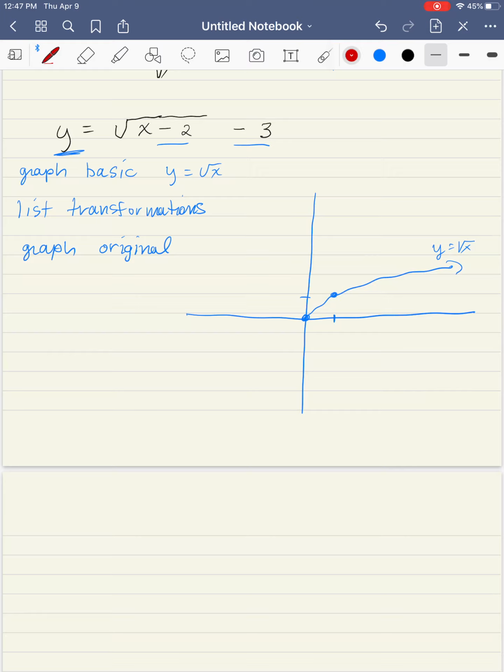Then we list our transformations. And we're going to see that the first transformation here is a minus 2 inside the function, inside of the square root, so that is right 2. And then we have the transformation minus 3 outside of the square root, so that's going to be in the y direction, down 3.